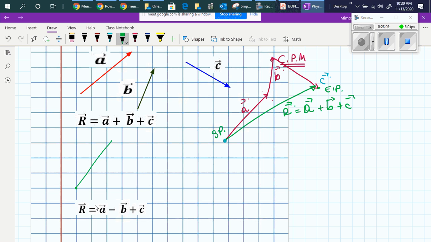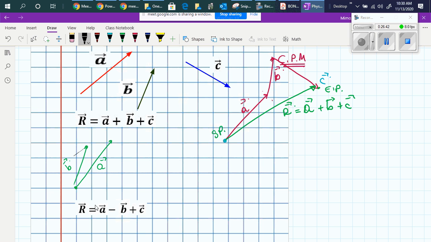So we go vector A, and then at the same starting point, we go with vector B. I will just erase this and draw it here. Vector A, and here we have vector B. Using those two lines, we draw the parallelogram.